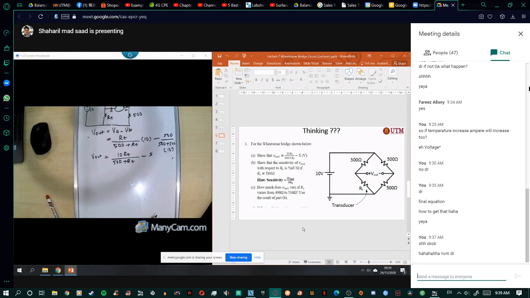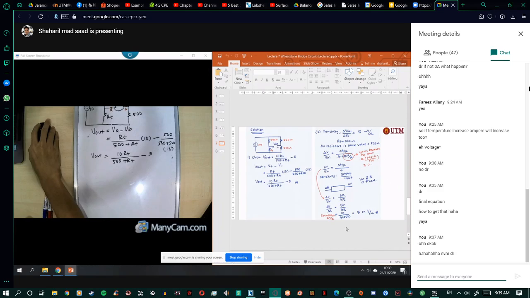Okay, this shows that the sensitivity of V out with respect to RT is equal to 5 millivolt per ohm if RT equal to 500. Okay, all right.